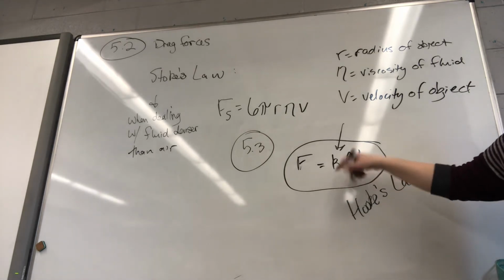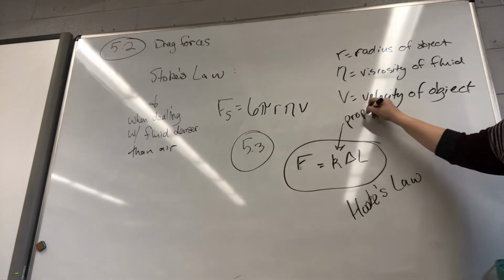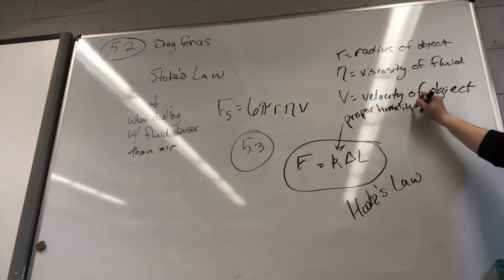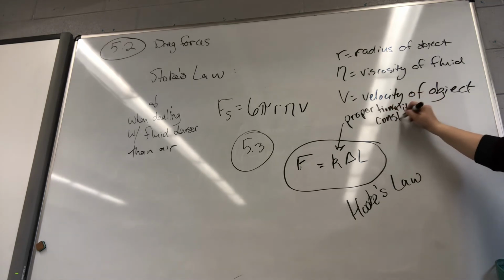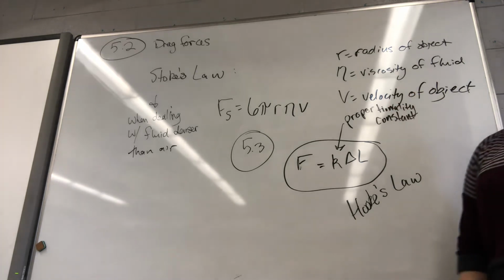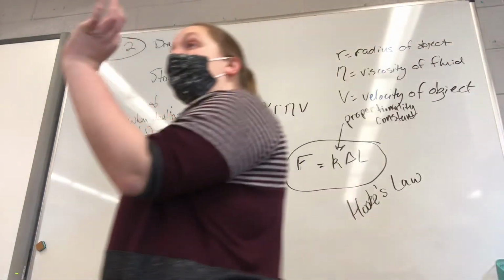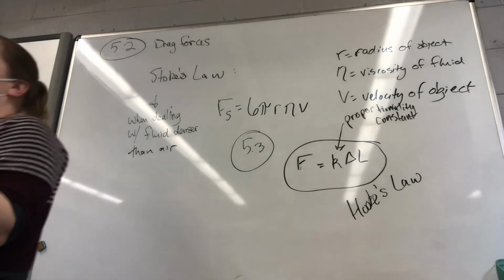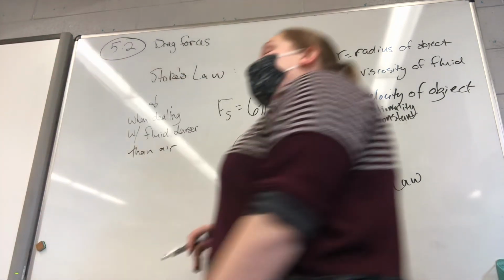K is the proportionality constant. And remember that proportionality constants are object dependent. So a rubber band is going to have a proportionality constant that is based on how thick it is, how big it is, how great the rubber is compared to cheap rubber or good rubber, if it's made of one substance versus another. And remember that we talked about this during lab.